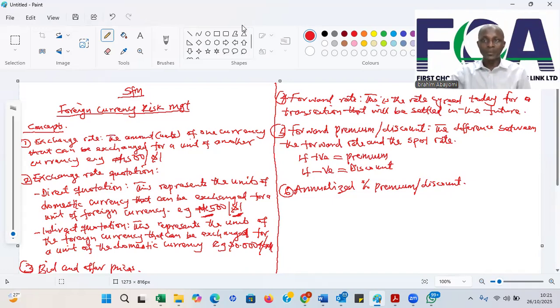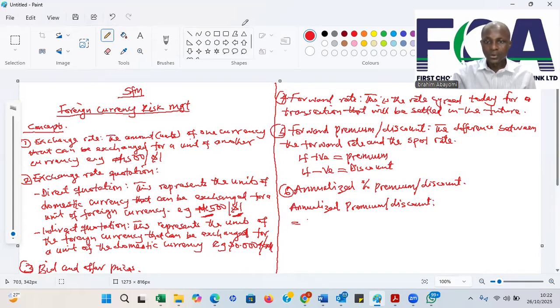Okay, so what's the formula for annualized premium or discount?